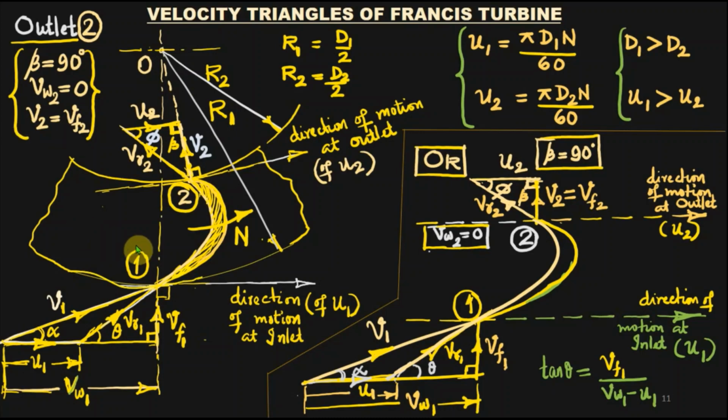Can we assess the direction of rotation? Obviously. See, if the water, after striking the runner, is deflected like this, the relative velocity, the effective velocity with which water strikes is VR1, and that is tangential to the blade surface at 1.